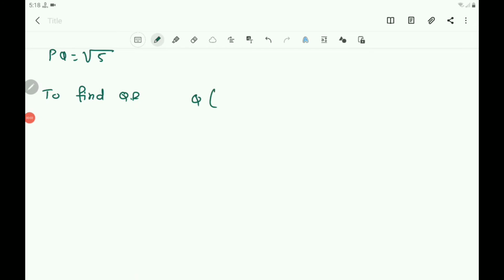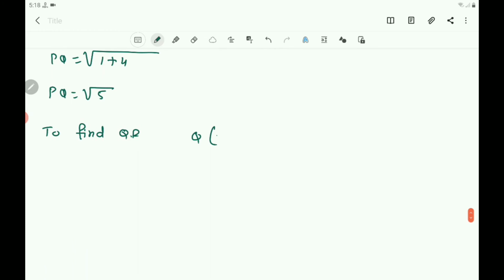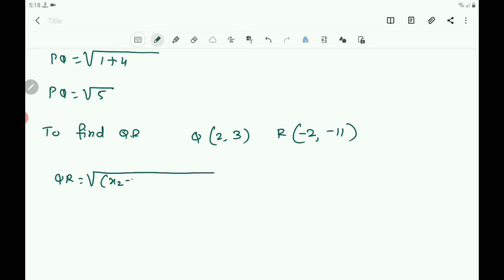Q is a point with coordinates (2, 3) and R is a point with coordinates (-2, -11). Then you write the distance formula: x2 minus x1 whole square plus y2 minus y1 whole square.